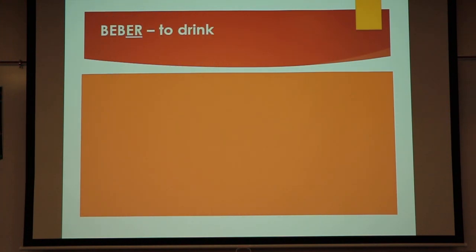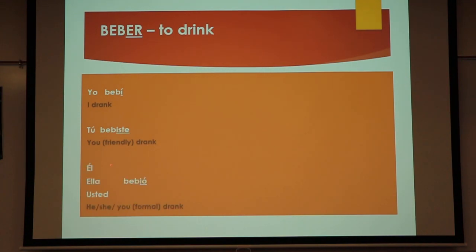So let's practice. Beber, to drink. We have here yo bebí, I drank. That's the first person singular. What I want you to do is conjugate the next 5 subjects. You could pause it, do it yourself, and then we'll review. Second person singular, tú bebiste, you drank.